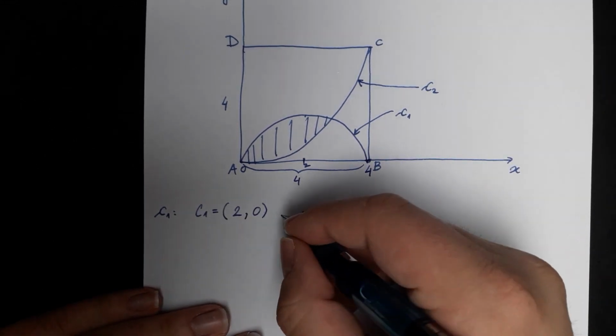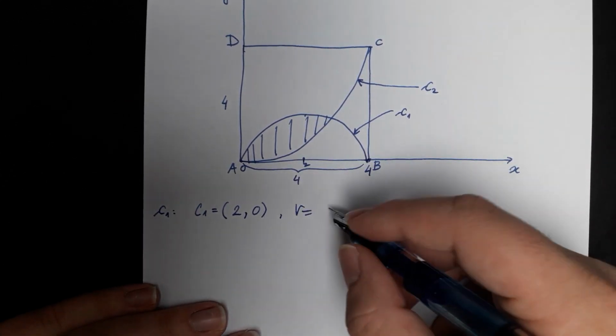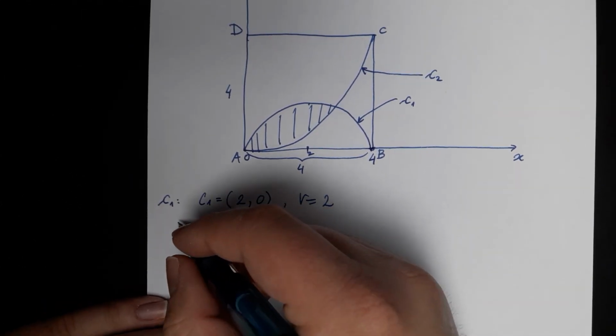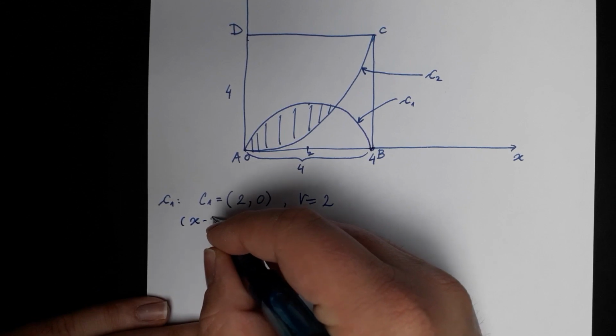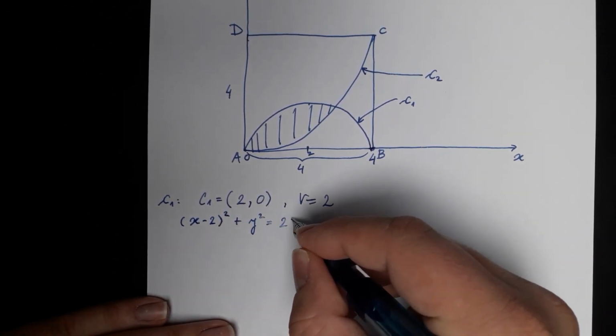Now the radius of this semicircle is equal to 2. Basically, that means that it has the formula x minus 2 squared plus y squared equal to 2 squared.